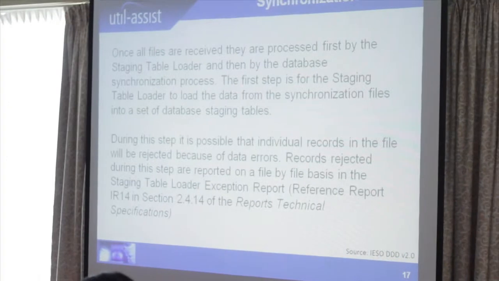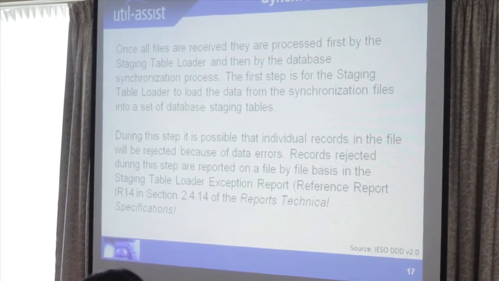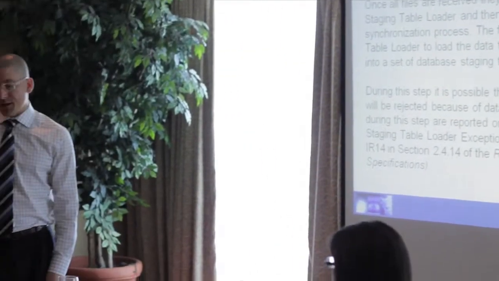Here's another slide just talking about that staging table loader process. So the IR14 comes out, telling you about staging table loader. So you'll, for the most part, when you start to see this report, it's not that hard. You're just opening it up and looking for your error code 00.